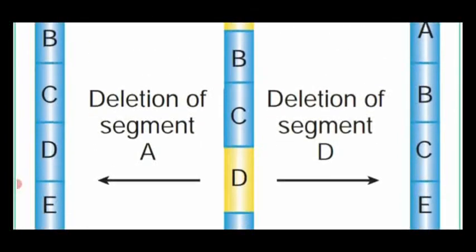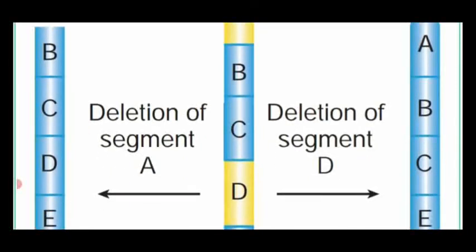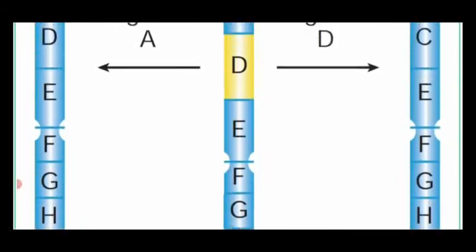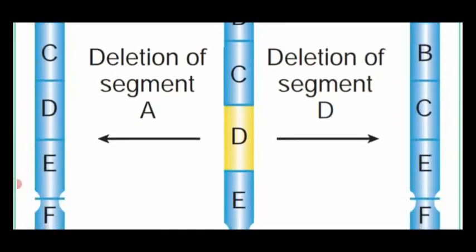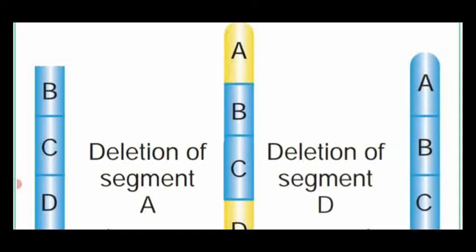In this normal chromosome, the colored gene loci, A and D, are deleted, so the modified chromosome of the deletion segment is without A and D. Only one is deleted in each case.